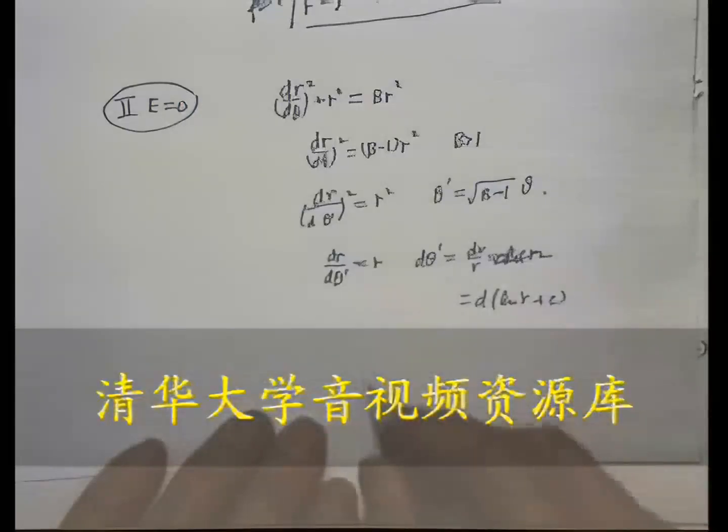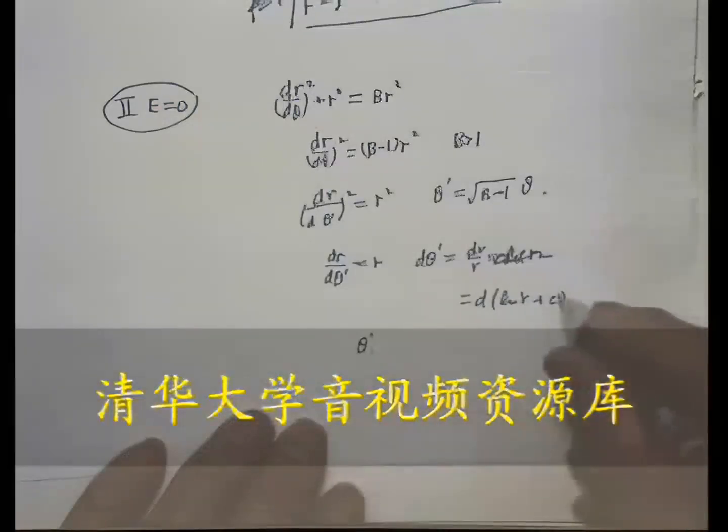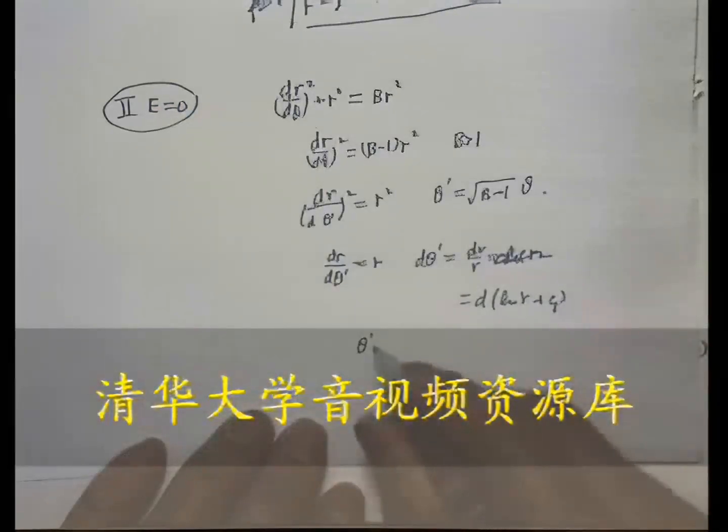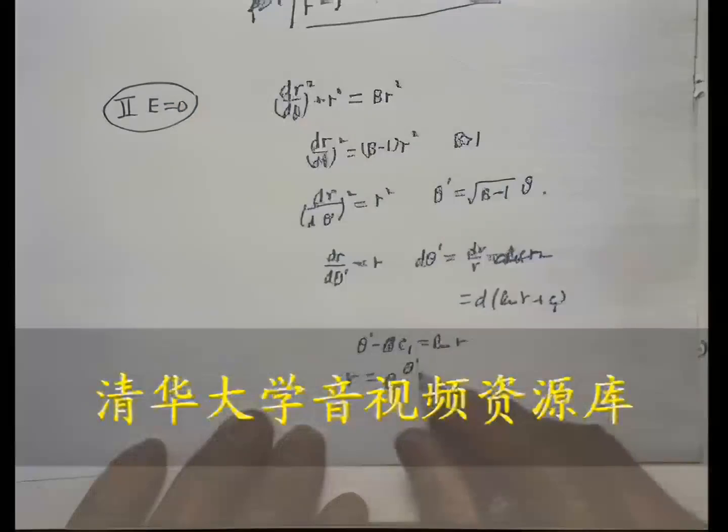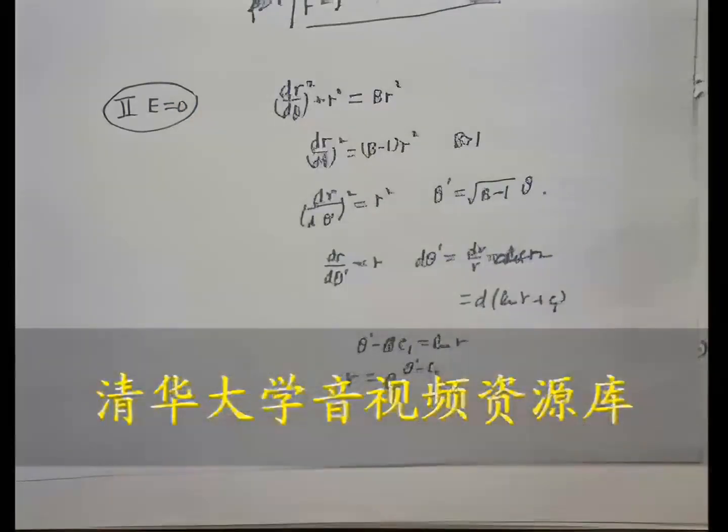So theta prime minus the constant, let's call this C1. Theta prime minus C1 is equal to log of r, or r is equal to exponential of theta prime minus C1. I will not plot this, you get the spiral.